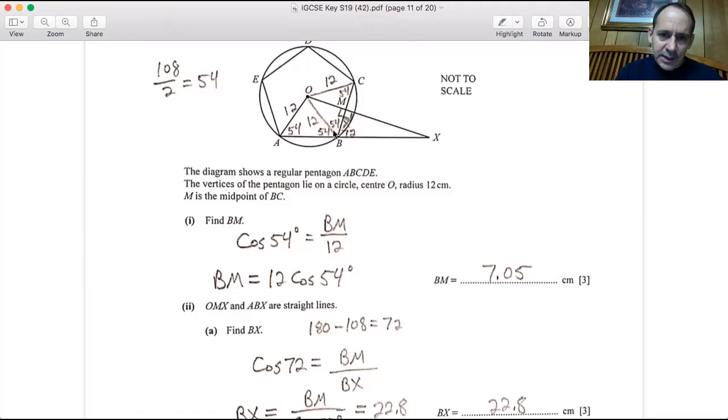So if we draw these radii here and make this an isosceles triangle, OM has cut it in half. Remember, a line coming from the center that bisects the chord makes a 90-degree angle.